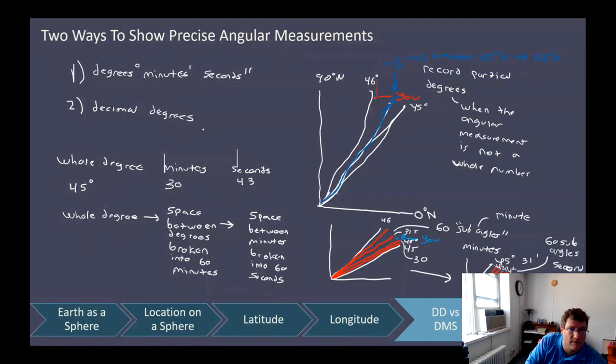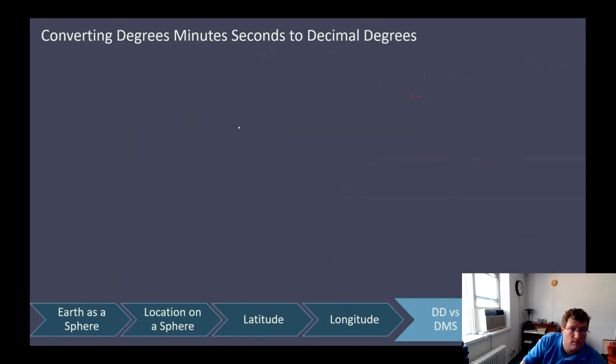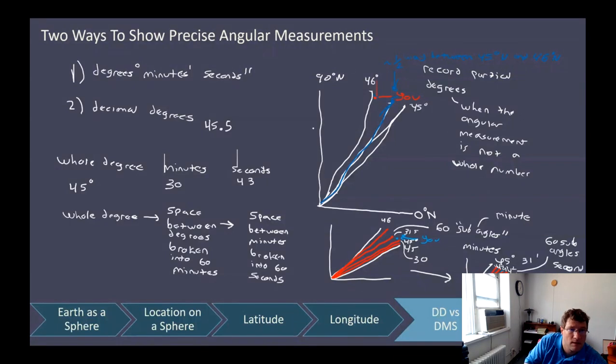Right, so in this case, 45 degrees. And then it would say, give me as a decimal how far along to the next degree. So in this case, we're approximately halfway, so that would be 45. So a decimal degree would read as 45.5 degrees north.